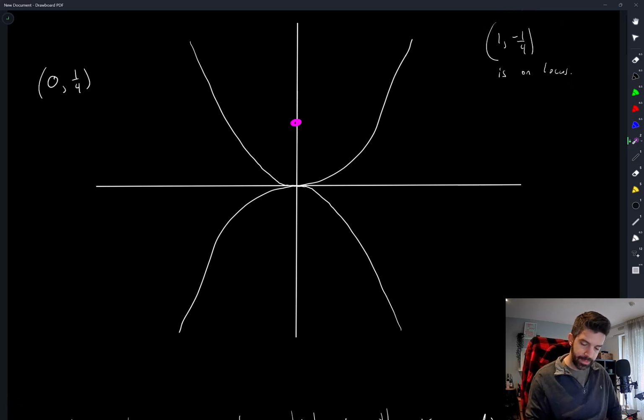And similarly, if we rotate the other direction, also negative 1 and negative 1 over 4. That'll be a sanity check to make sure that whatever formula we derive satisfies that those two points are on it.